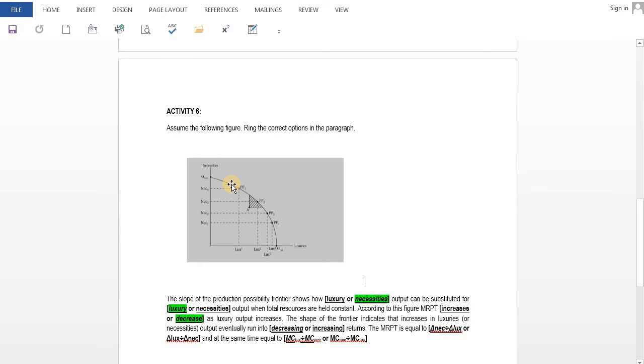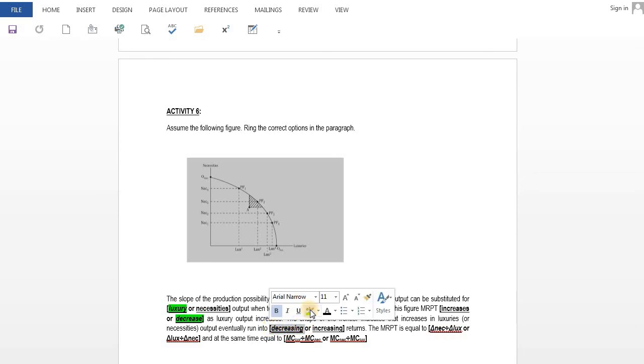Even if we were to assume, in terms of isocosts, that this is 100, this could be 100 also, this could be 100 in terms of the returns to scale graph. But by moving down the curve, you can see that the shape of the frontier is indicating decreasing returns to scale, although the luxury output keeps on increasing, right?